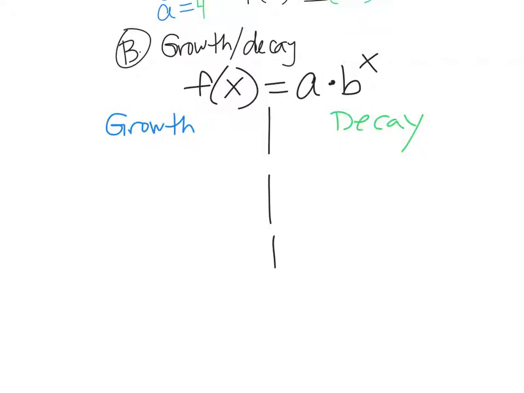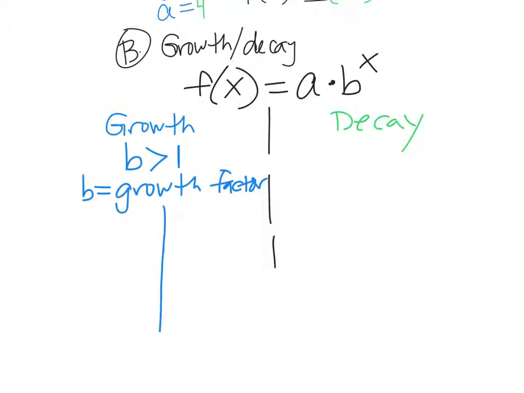So for growth, first of all, a is bigger than 0, and for growth, b would be greater than 1. Okay? B is your growth factor. Growth factor. And if it's bigger than 1, then that means that you're going to get more of something each time.